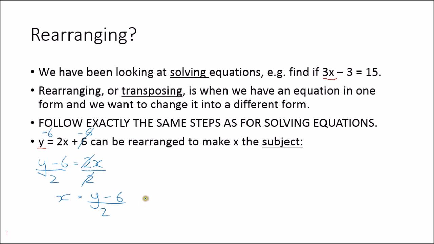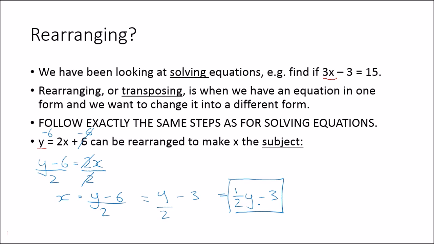Now you could simplify that somewhat, so you could say that's the same as y over 2 minus 3, or we could also write it as a half y minus 3. In some ways this last way is probably the preferable way of doing it, because it's the standard form of linear equations that we'll talk about a lot later.